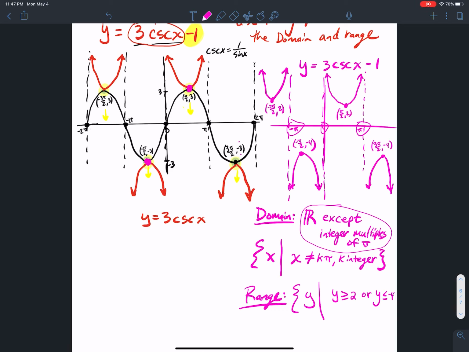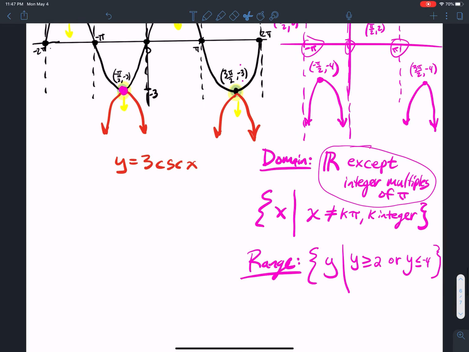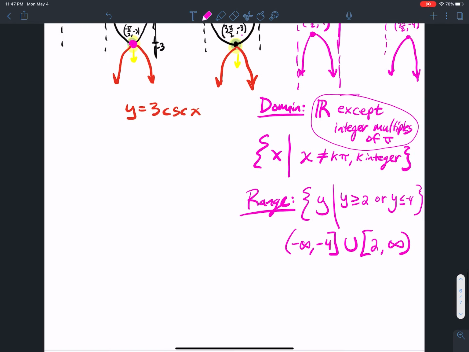So those are the values that are possible for this one. If you wrote this in interval notation, what would this look like? It would be negative infinity up to negative 4, bracket, union, and then 2 to positive infinity, just like this.